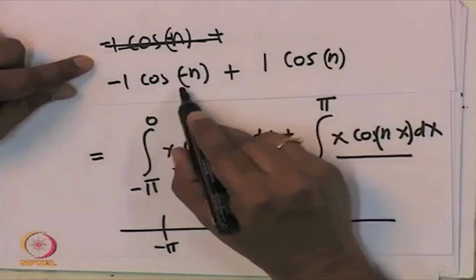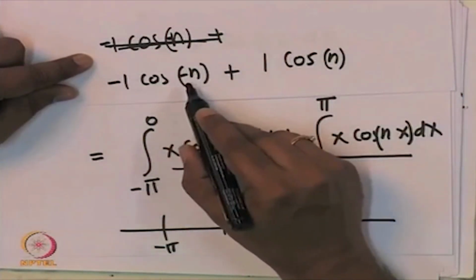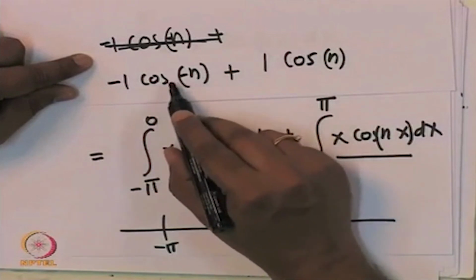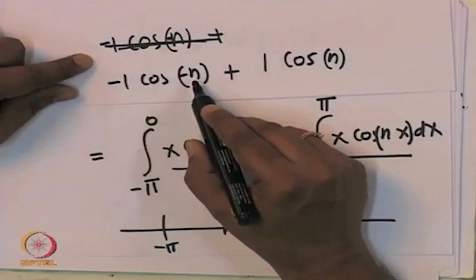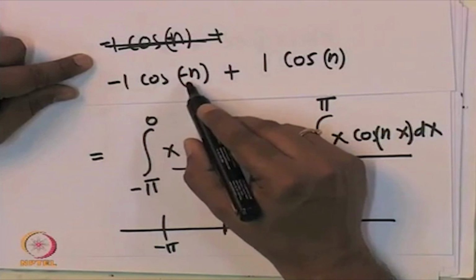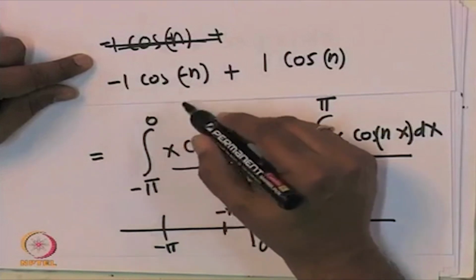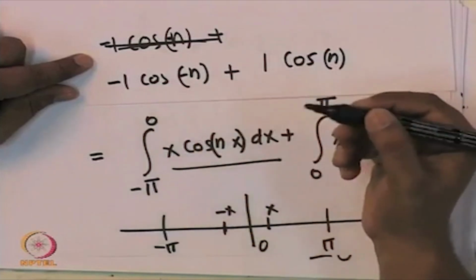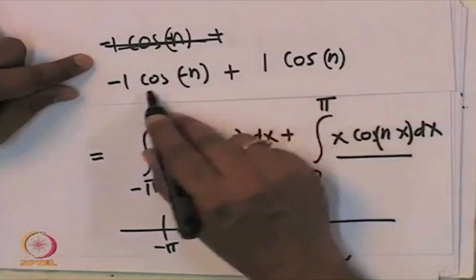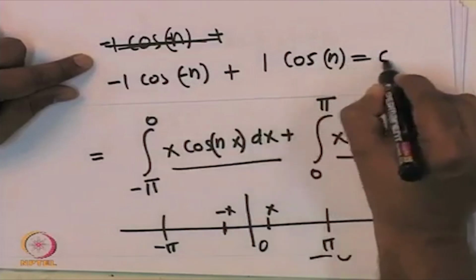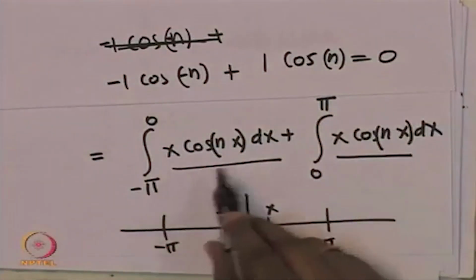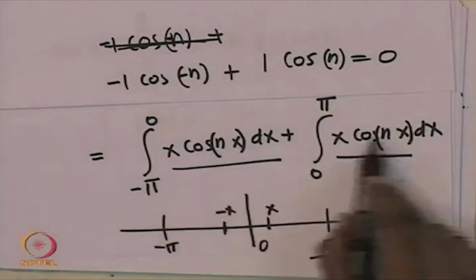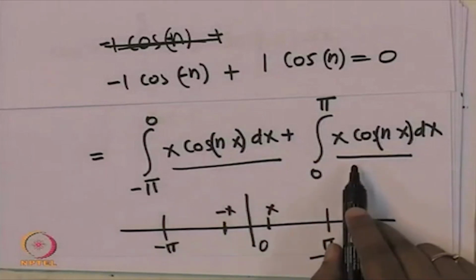You know that cos of minus n is cos n itself, because cos is an even function. So, this whole thing is 0. For each and every term, whatever x you put, the sum becomes 0.